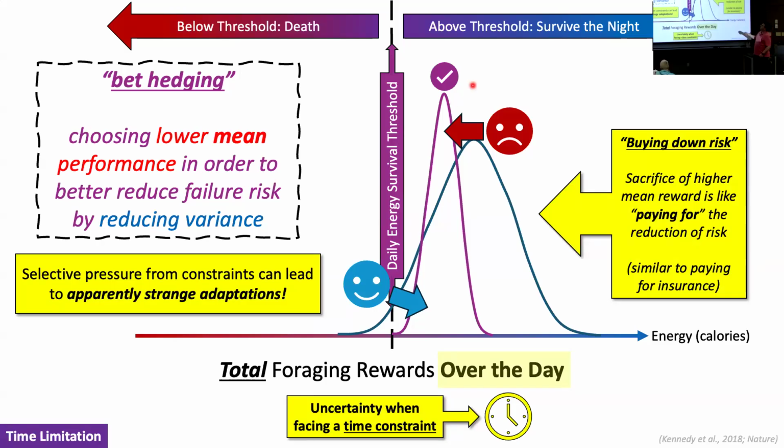So they're saying, I could have behaved this way, but I'm going to sacrifice this amount of mean. What do I get from that? I get a distribution of outcomes at the end of the day that is very tight. So it helps me guarantee survival. And that's what we refer to as bet hedging: tolerating lower average performance in order to reduce your exposure to risk. And we see examples of bet hedging all the time.